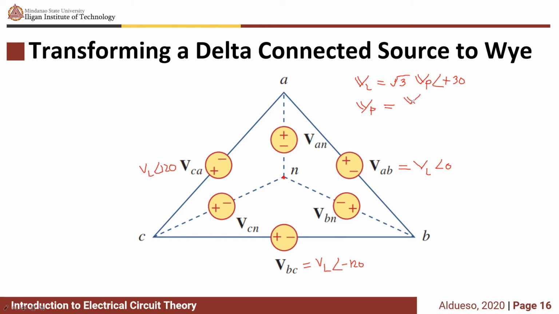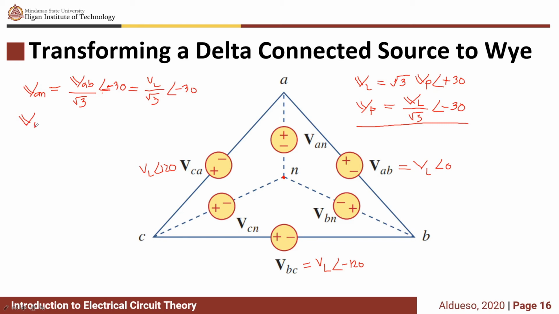We have VL over square root of 3, and you subtract the angle by 30. So for this case, VAN is equivalent to VAB over square root of 3, angle minus 30, or equivalent to VL over square root of 3 angle of negative 30.